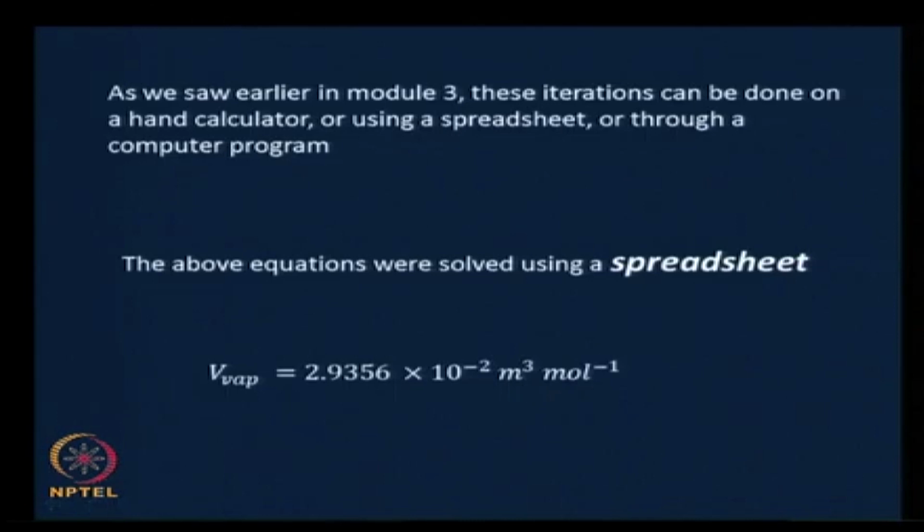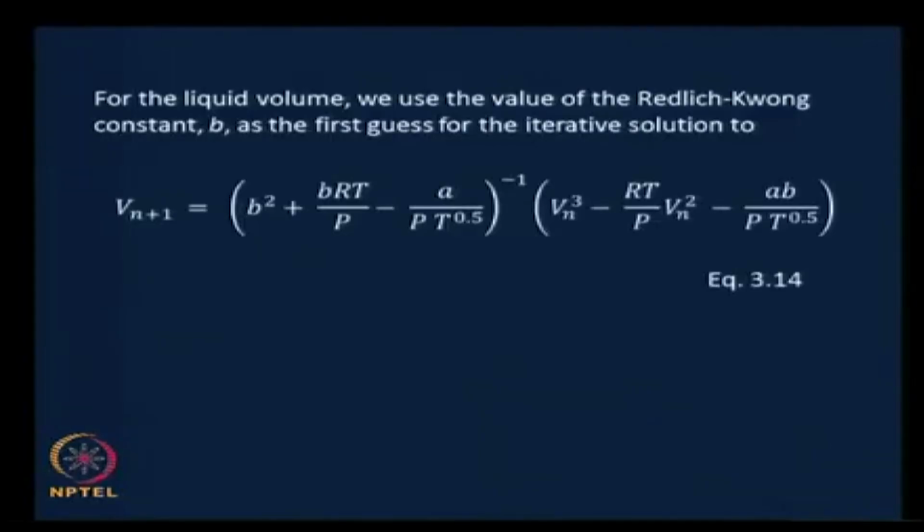Now this is only the vapor volume, we still need the liquid volume. The liquid volume, we said, requires a different framework. We have already seen this, so I am just going to state it here. This was the way in which we cast the Redlich-Kwong equation, by an appropriate manipulation, to overcome the difficulty posed by the previous iterative formulation.